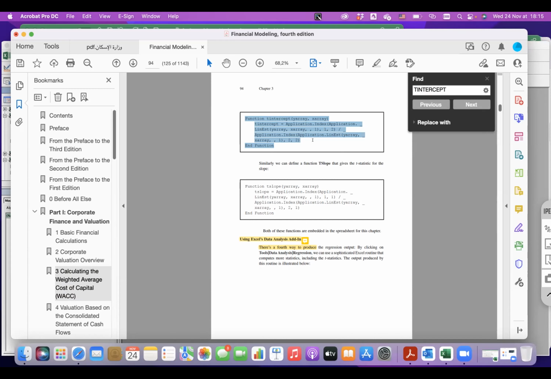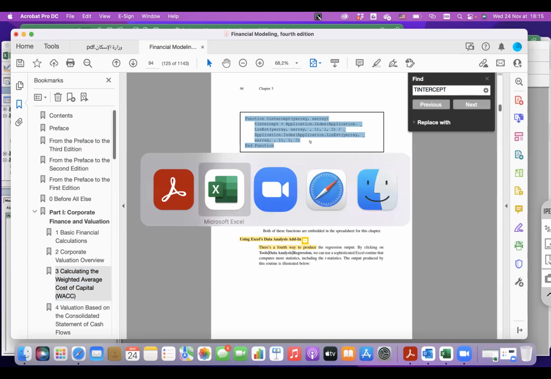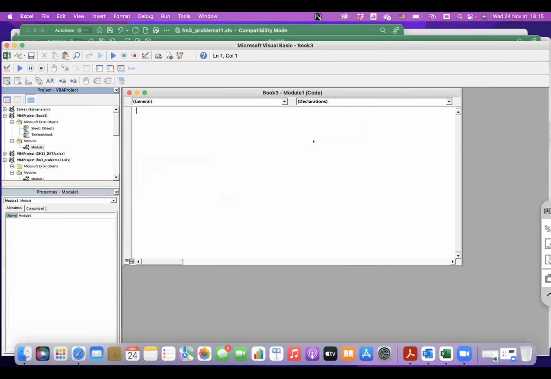Did you copy the function? Now move to the Excel file, then paste the function. And it's called t-intercept. Everything is okay?